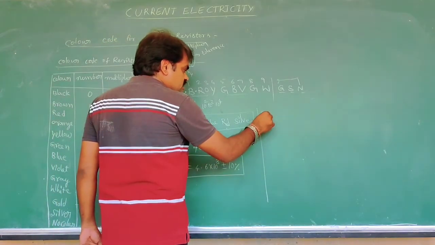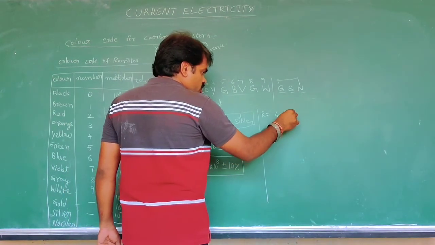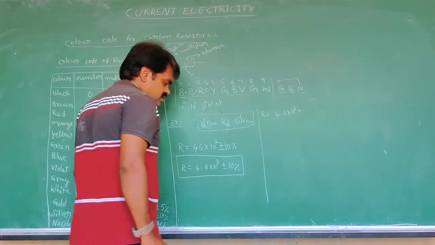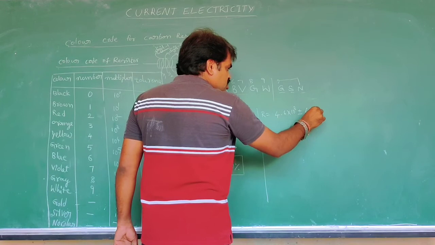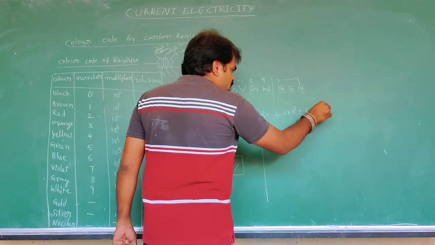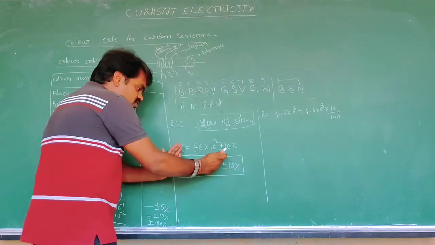R is equal to 4.6 into 10 to the power of 3 plus or minus 10% of 4.6 into 10 to the power of 3. What is the meaning of 10 by 100? The percentage of this value.